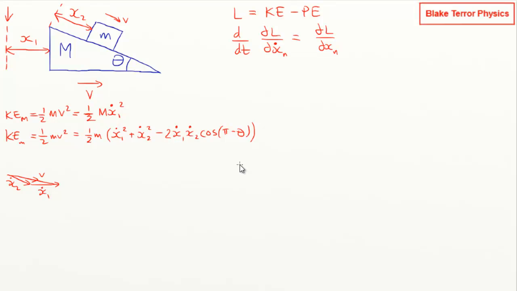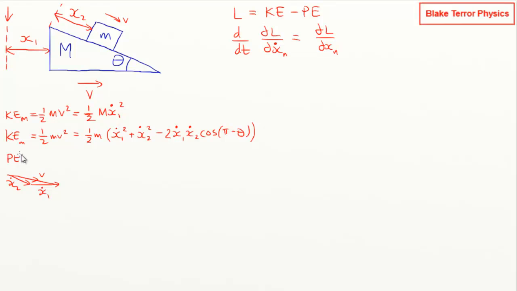Right, potential energy. So we're wanting to look at changes in potential energy. So we don't care about what's going on with the slope, because the slope's just moving in a horizontal direction. There's no change in potential energy there. Our change in potential energy is coming from the motion of the block, and it's all in the x2 direction, because x1 is horizontal, or at least a component of the x2 direction.